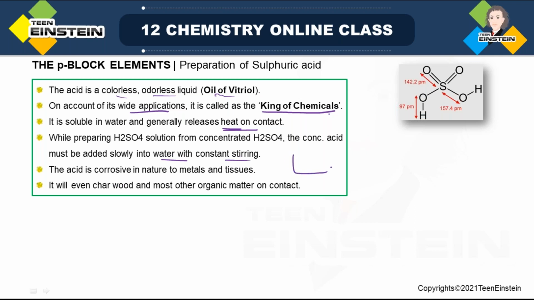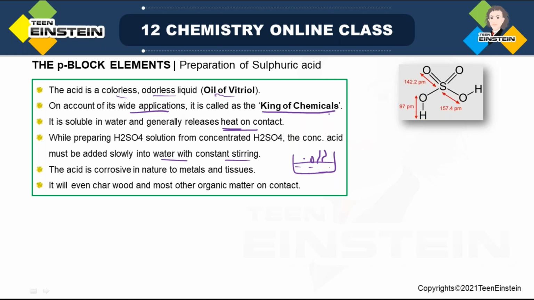Suppose this is water and the drop is here; heat will be generated where the drop is falling. But if you are stirring continuously, then heat will be equally distributed. If heat is present at one particular position, then there is a chance of accident. So that is why we have to continuously stir the solution. This is the correct way to make dilute solution.